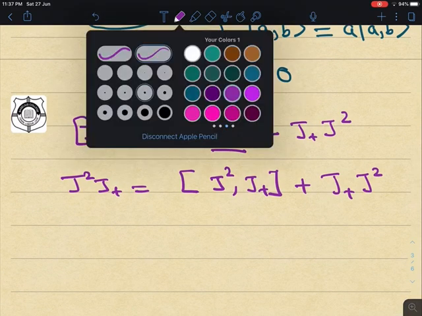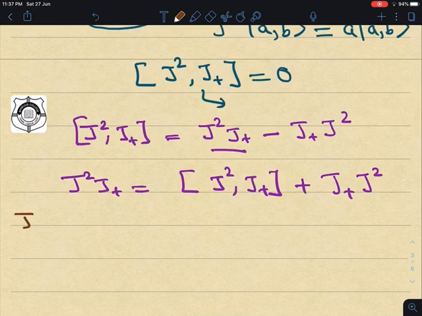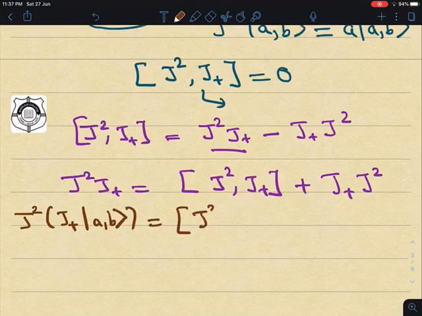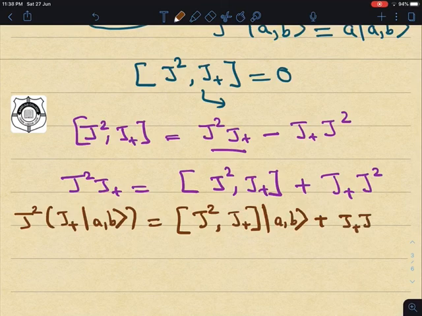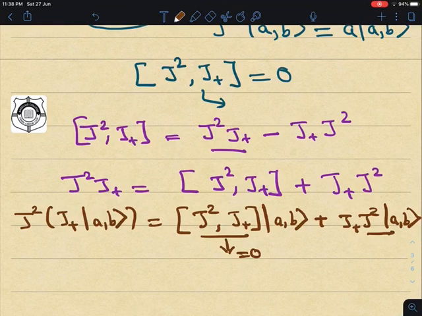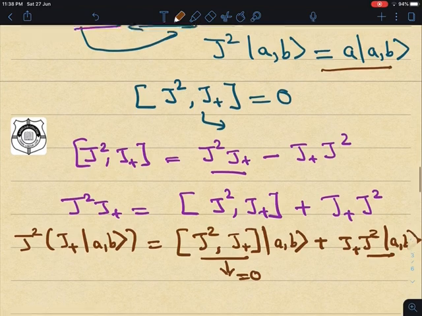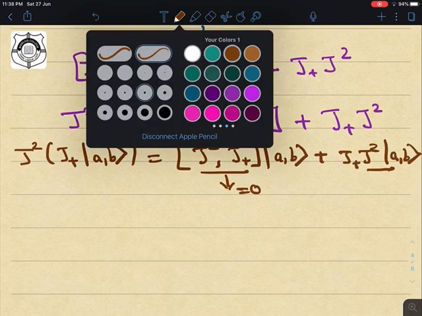Now you act upon it with the simultaneous eigenket ket ab. You can see J square J plus ket ab is equal to the commutator acting on ket ab plus J plus J square ket ab. This commutator we know is equal to 0, and J square acting on ket ab will give you a times ket ab.